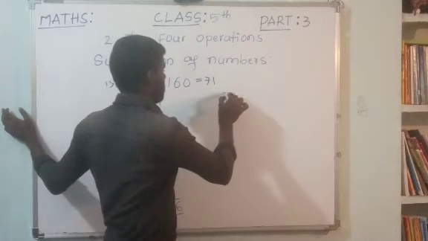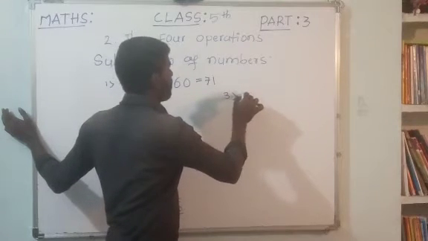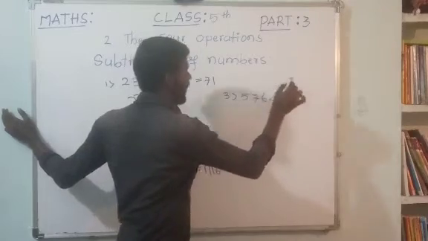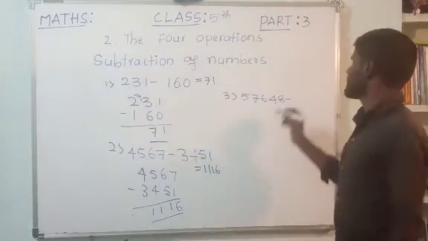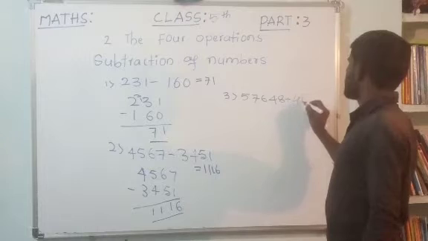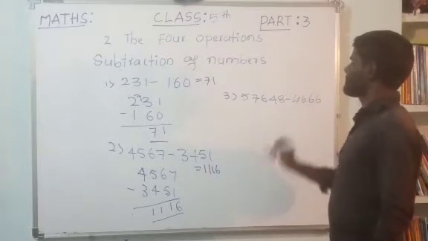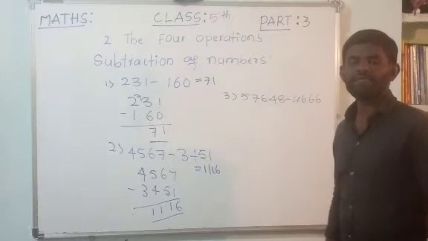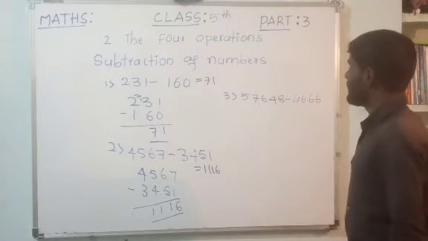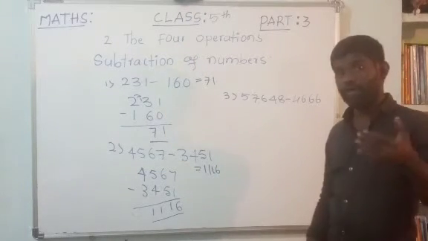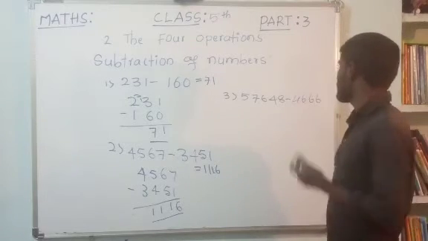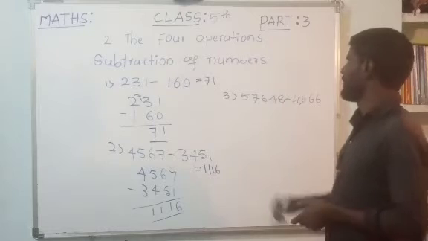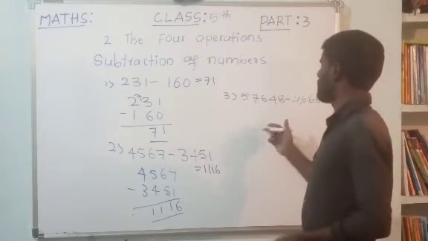Example 3, dear children: 57,648 minus 4,666. The first number is a 5-digit number and the second is a 4-digit number.